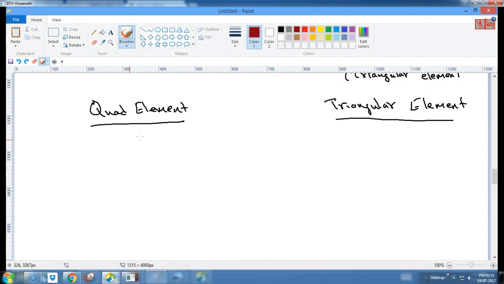So let me draw, this can be a quad element, something like this. It is joined by 4 lines for the 4 nodes.